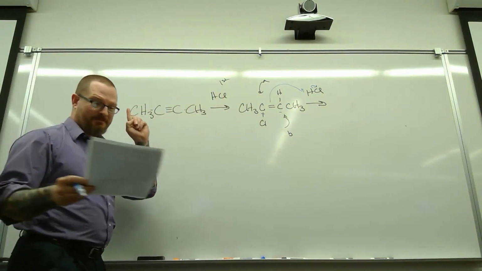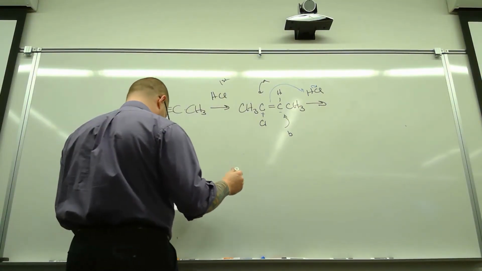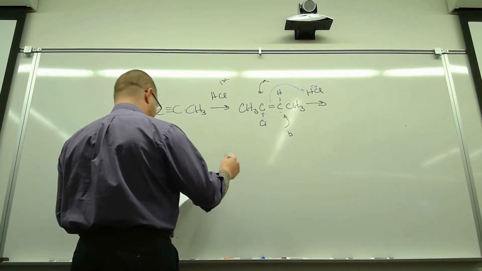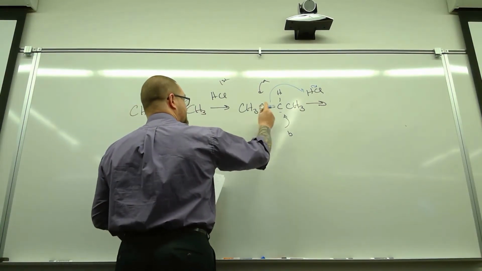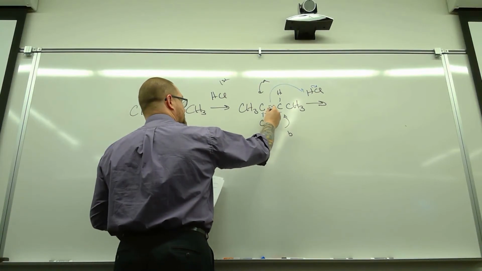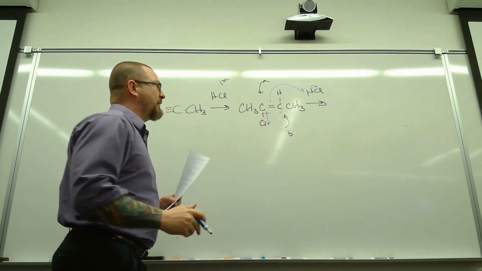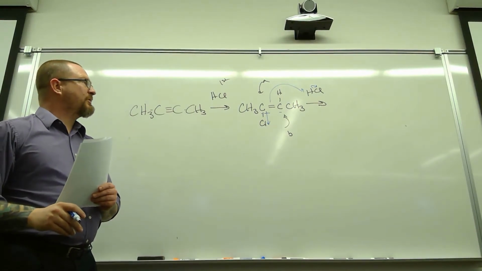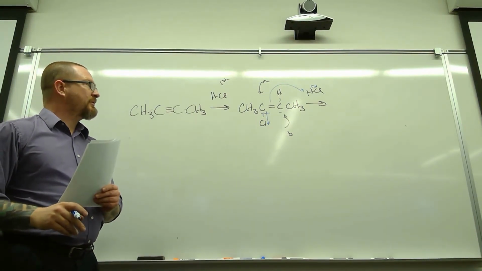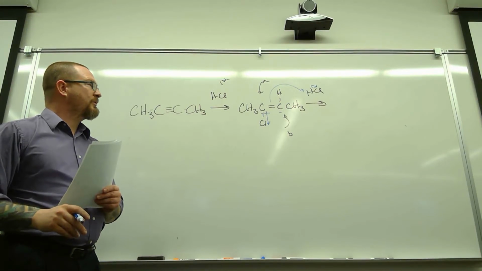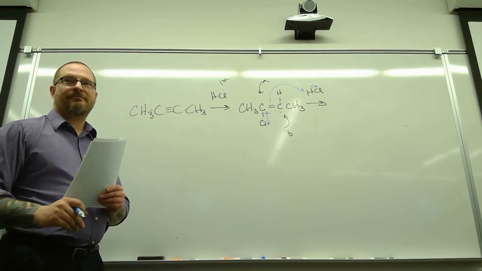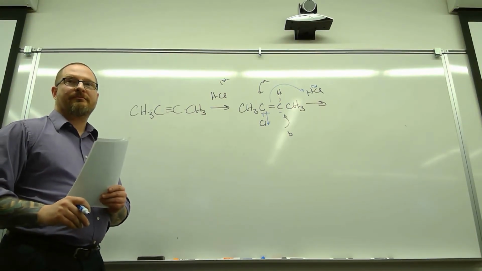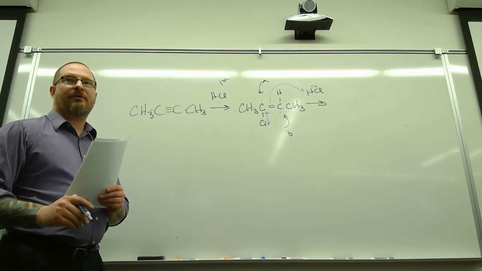What's the chlorine doing? It's helping scramble it. So is that electron withdrawing nature going to increase or decrease? It's going to increase the stability.